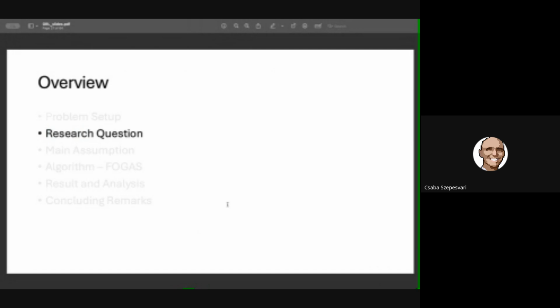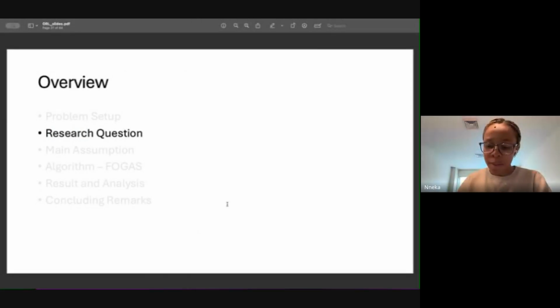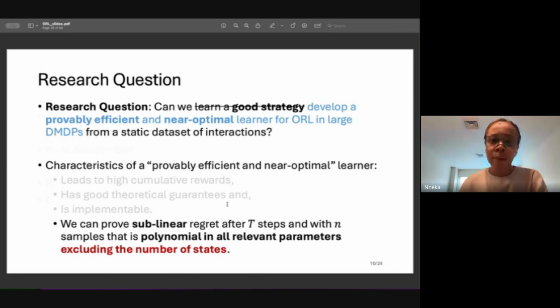Yeah, everything's clear. Okay. So given this setup, to formally phrase our research question, we ask: can we develop a provably efficient and near optimal learner for offline reinforcement learning in large discounted MDPs from just a static data set of interactions, where we refer to a provably efficient and near optimal learner as one that achieves sublinear regret after a number of steps and with a number of data samples that's polynomial in all relevant parameters, but not the number of states?